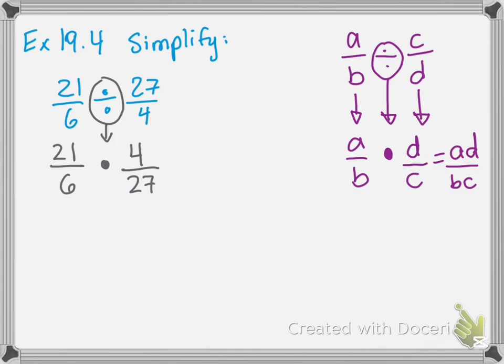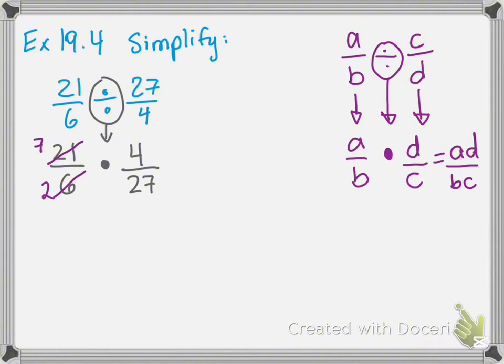Now, we're going to multiply, but before we multiply, we look for common factors. Okay, for example, 21 and 6, they both are divisible by 3. So I'm going to divide 21 by 3, which is 7, and I'm going to divide the 6 by 3, which is 2.